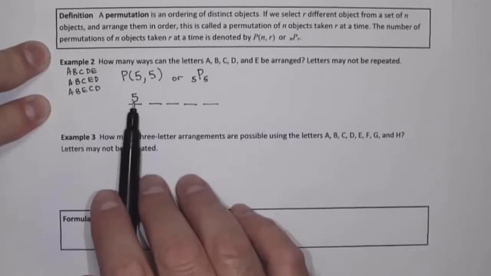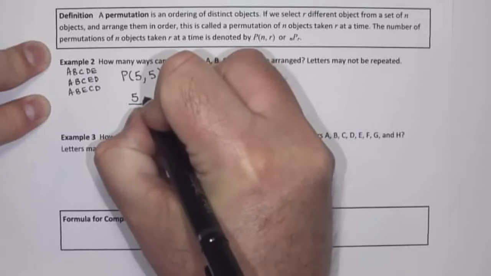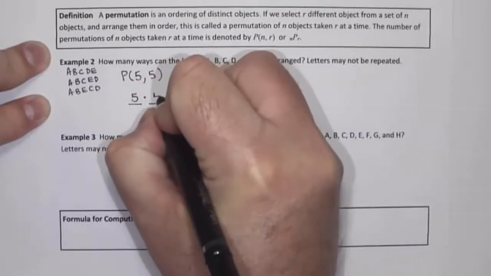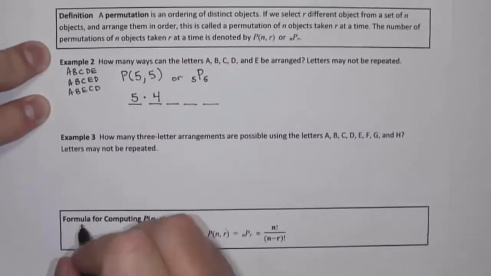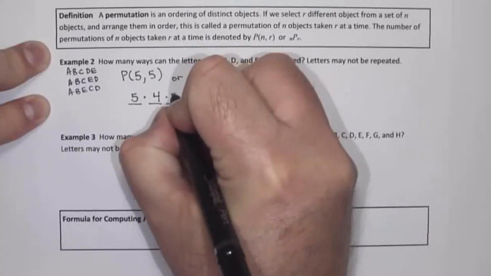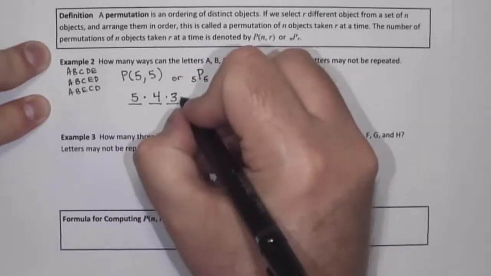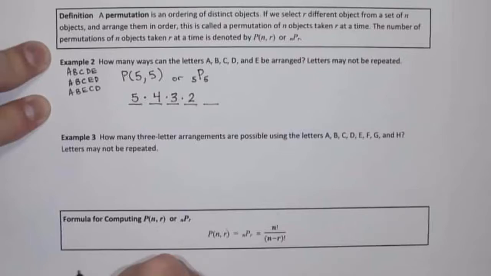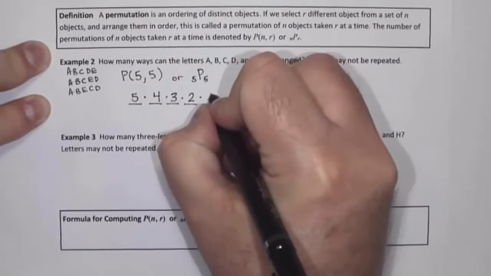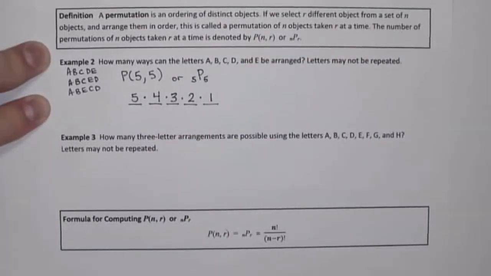So there's 5 letters that could be in this first position, and then after that position's decided, there's only 4 letters left for the second, and then there's only 3 letters left for the third, and only 2 letters left for the fourth, and finally there's only 1 letter left for the last letter.